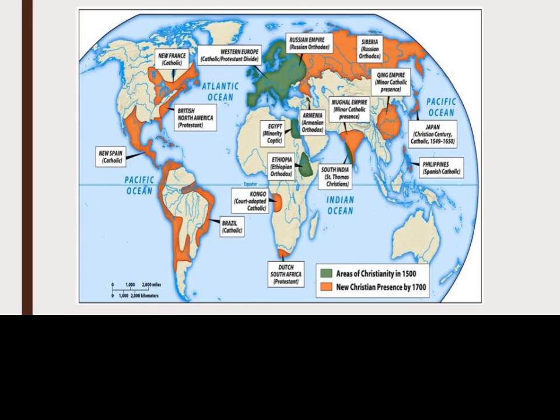Okay, and here is another important map. I believe you guys are familiar with some of these maps that you did on your map test earlier this six weeks. But here we see in orange the new Christian presence, and in green we see this is where Christianity had originated before. Right?